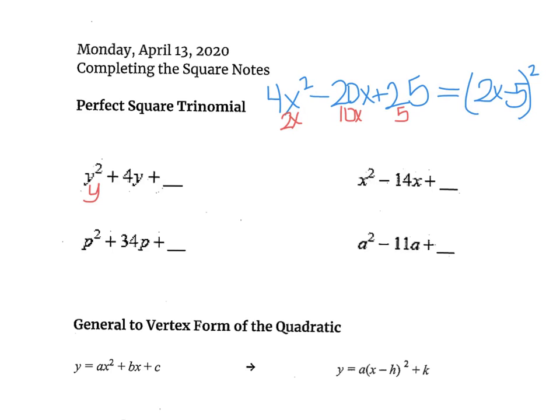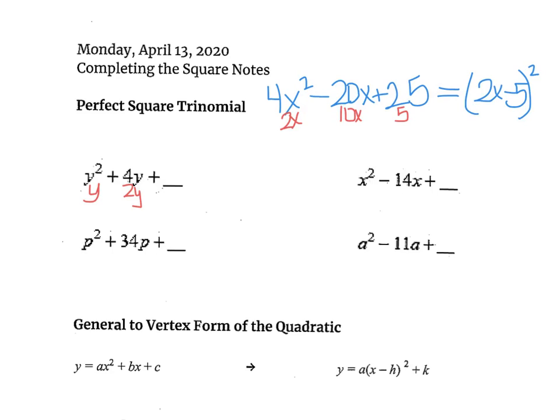We square y. What do we square to give us this number? Well, we have to go back. What did we double to get 4y? Wouldn't that be 2y? 2y comes from multiplying y times what number?